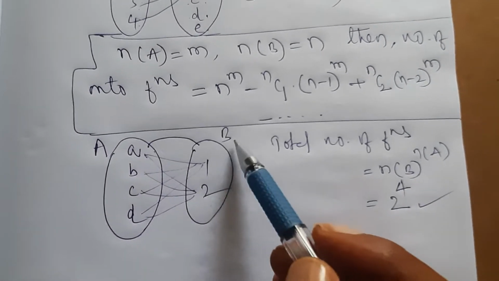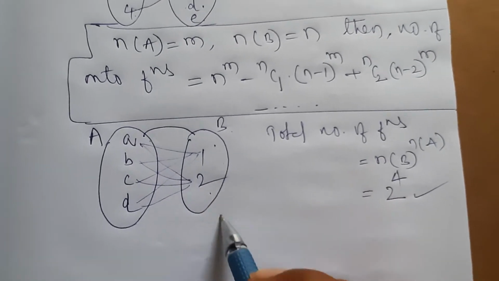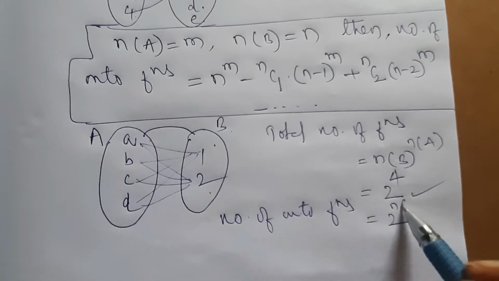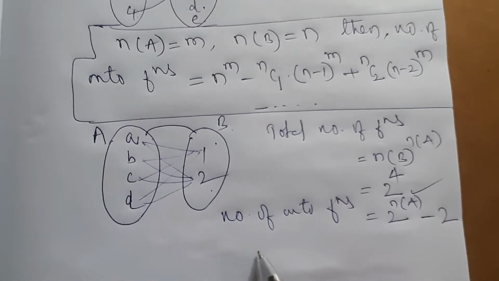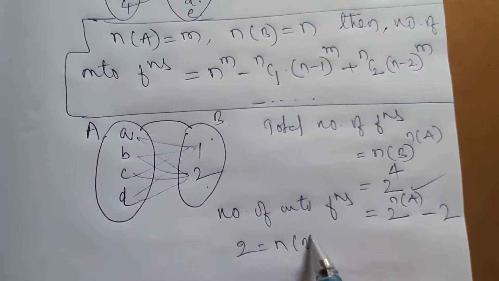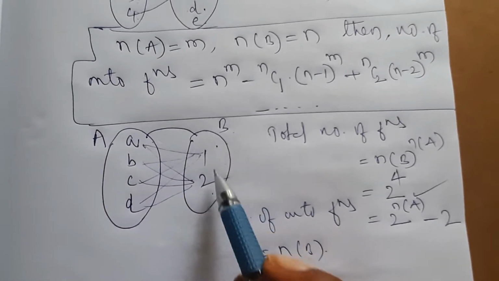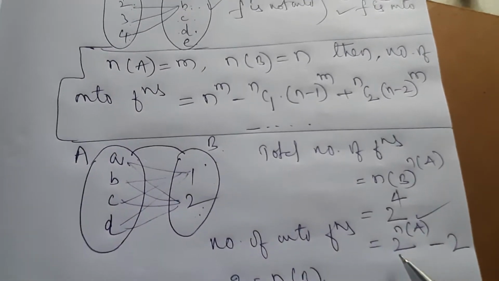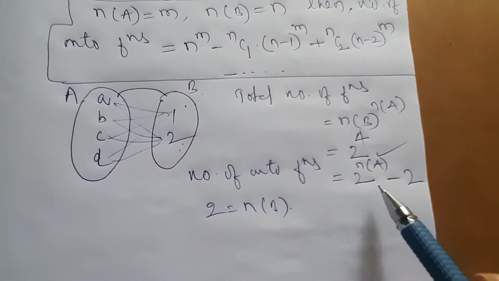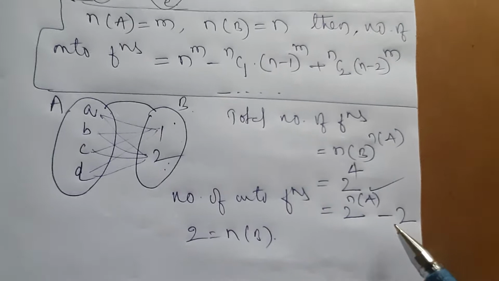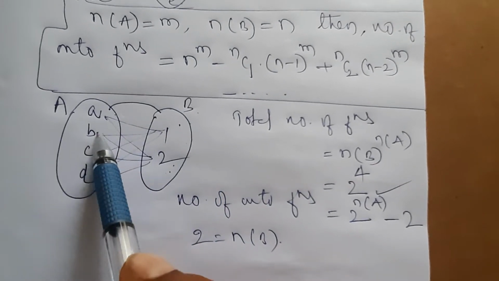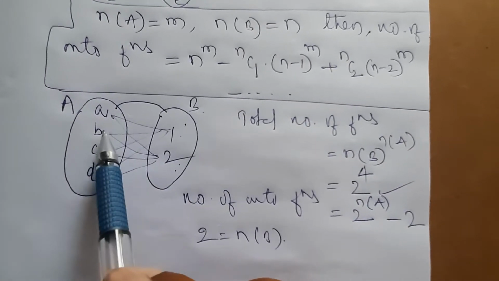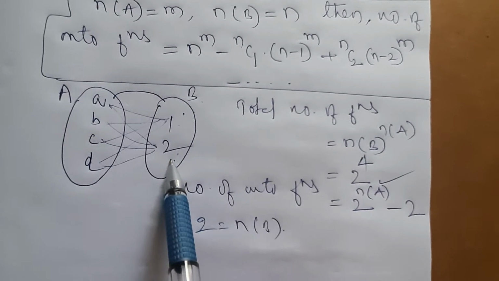So if the set B contains two elements, in that case the number of onto functions equals the formula 2 power n(A) minus 2, where 2 is nothing but n(B). Why this minus 2 came: minus 2 means if all the entries are mapped to 1, that is one constant function, or if all the entries are mapped to the second element, that is also a constant function.